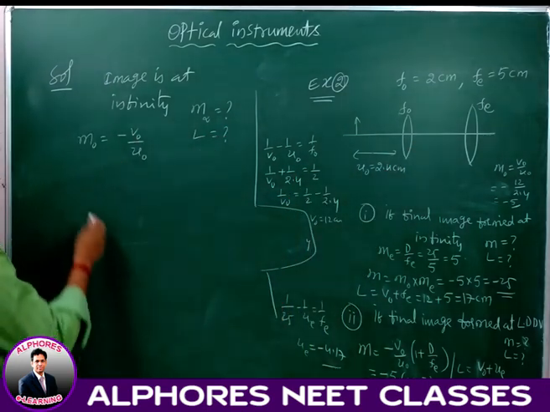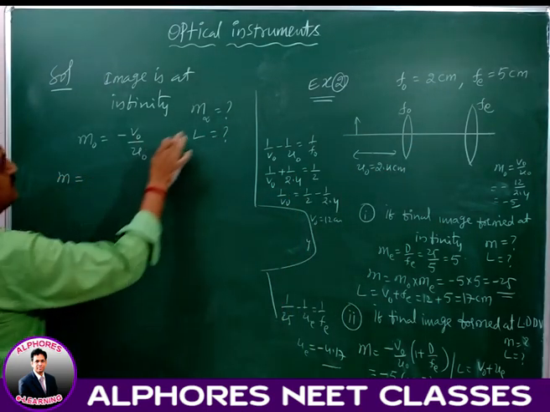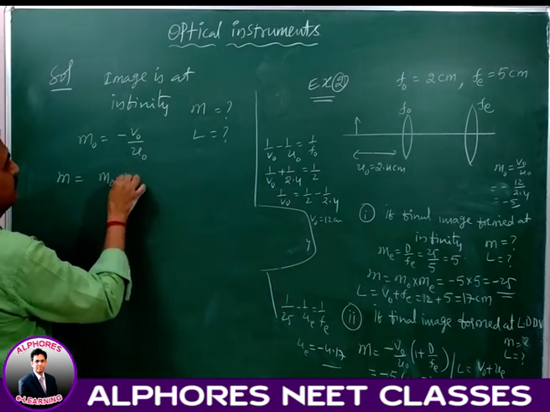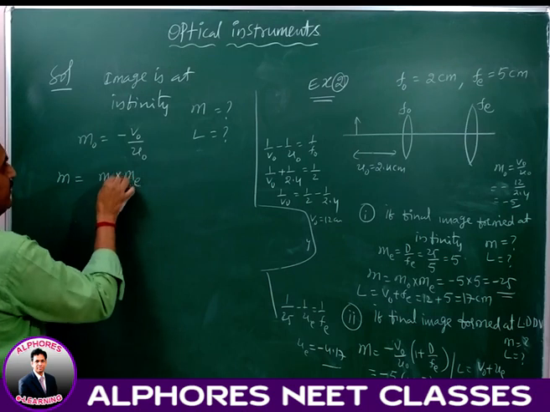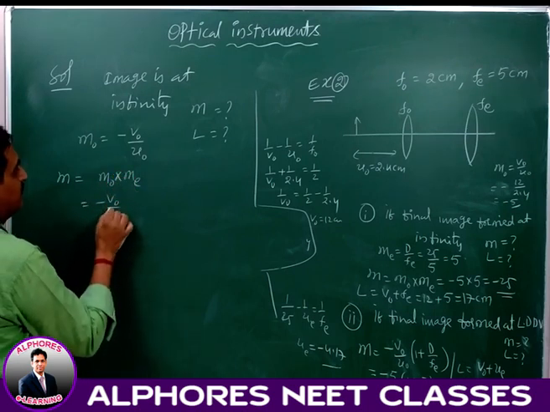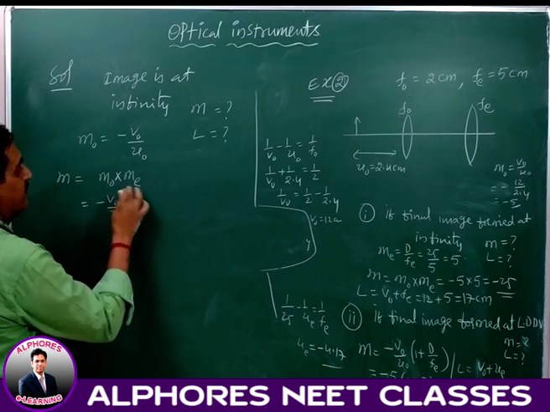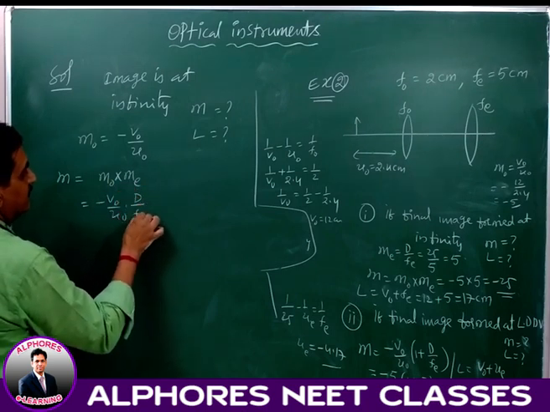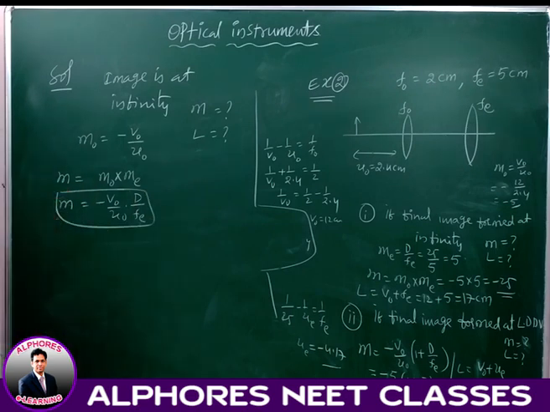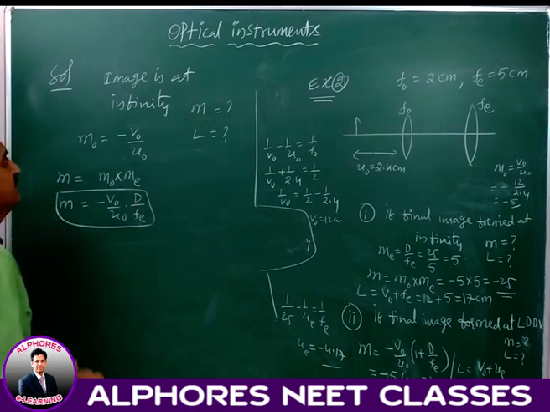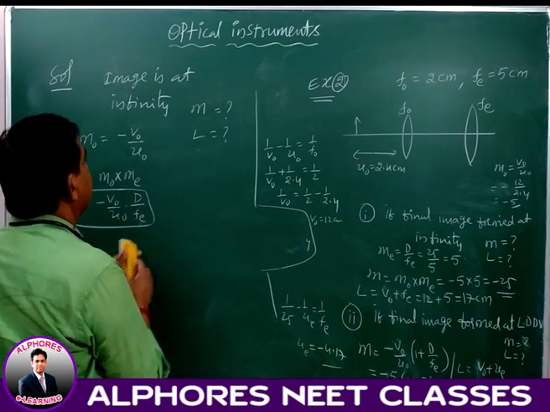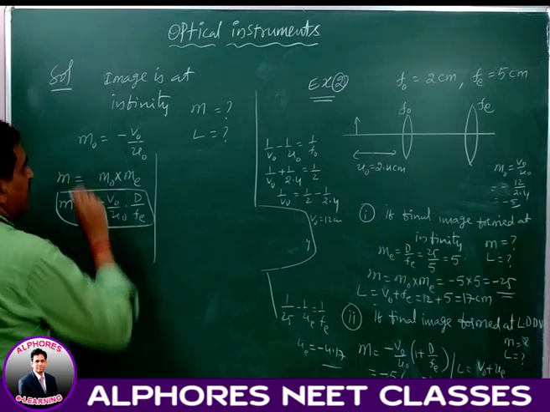Total magnification is m0 into me. This is minus v0 by u0 into me, which is d by fe when the image is formed at infinity. Now let us find the v0 value. Once you find v0, you will find the m0 value.